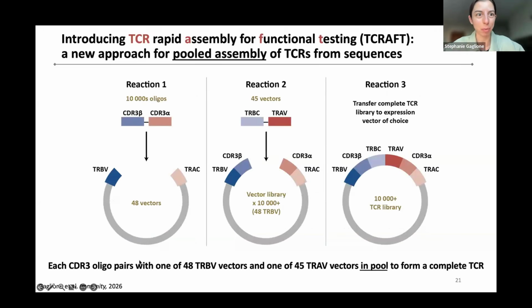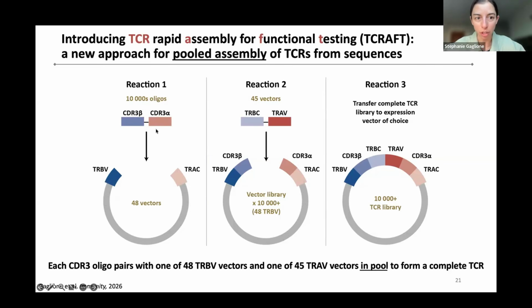And so this is where we introduced TCRaFT. TCRaFT is our approach for pooled assembly of TCRs and sequences, and it uses a relatively simple concept. At the baseline, we realized that if we had both CDR3 alpha and beta ordered in a linked short oligo, we could facilitate correct pairing of this oligo with a pool of vectors that contain 48 TRBV alleles.